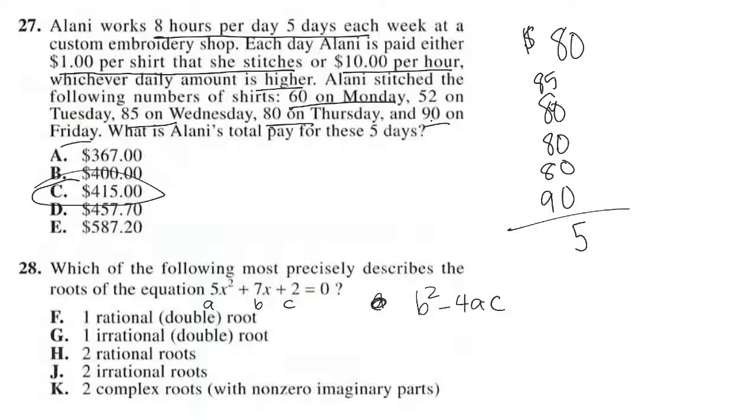And so B squared is going to be 49 minus 4 times A times C, which is 10. And so notice that we ended up with 9. Since we ended up with 9, that means that here we've got a nice, neat number. So we're going to end up with 2 rational roots, is what that implies.